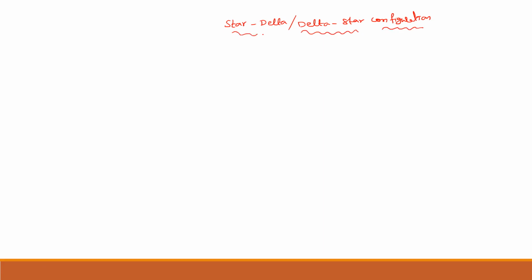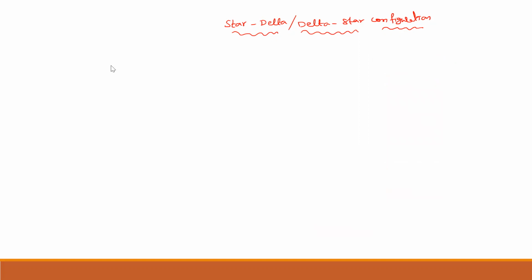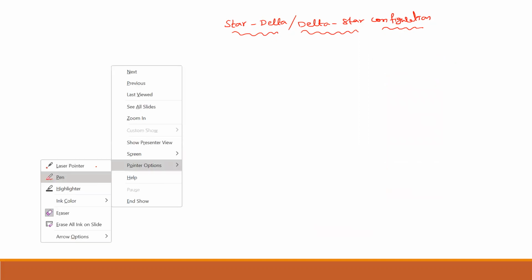If we have two resistors, either we can connect them in series or in parallel. Now, if three resistors are given, how do we connect them? There are two possible ways.